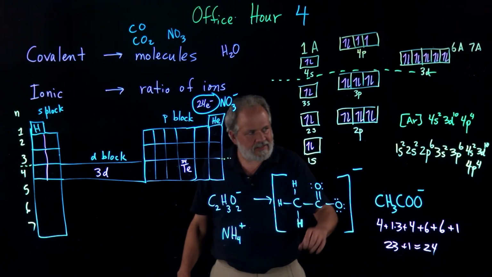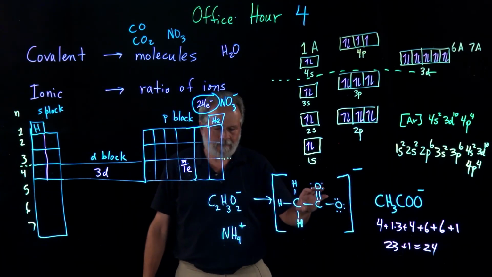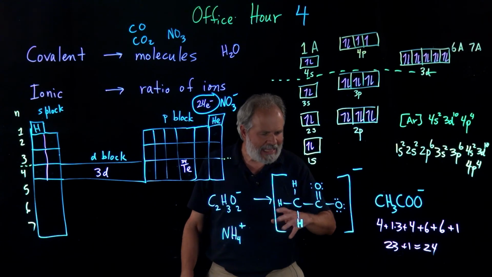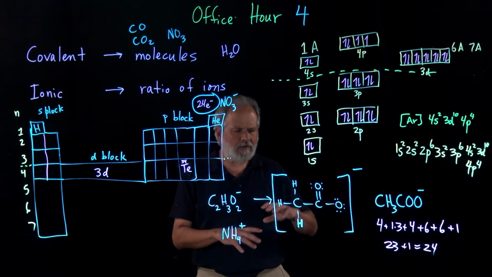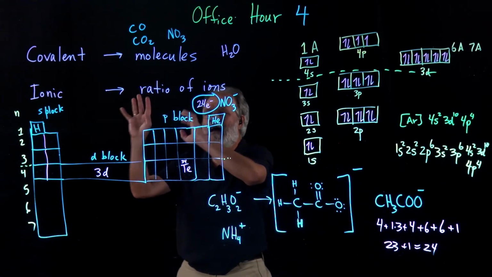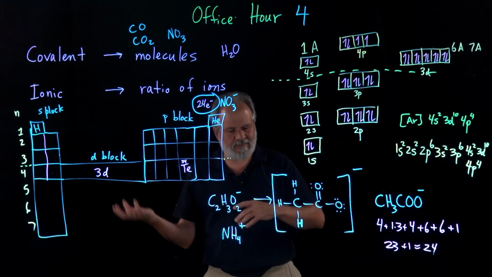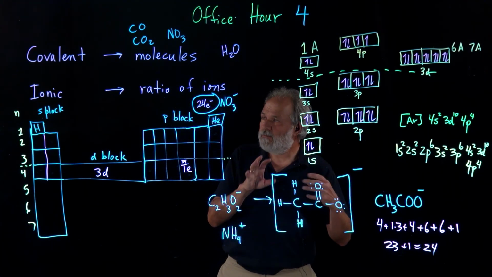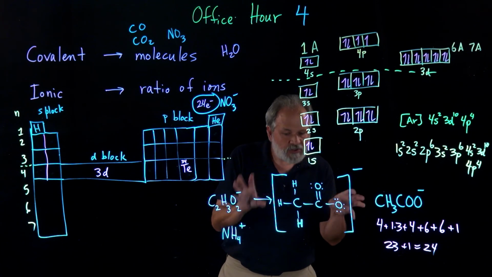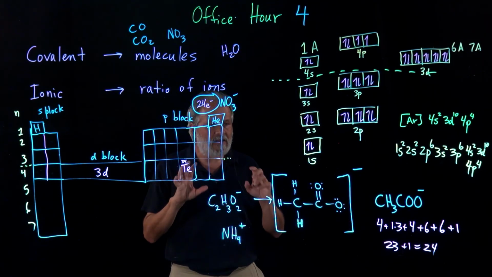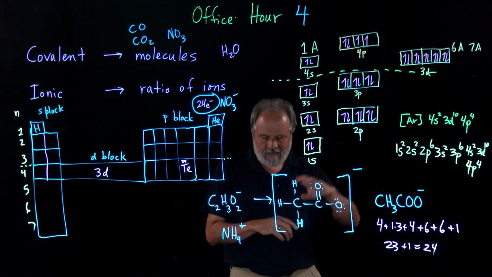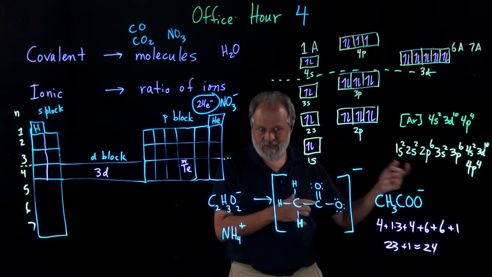I will say this electron configuration stuff is not going to hurt you as badly in the long run as not being able to do ionic compound formulas or names or molecule Lewis structures or names. Those are by far, when we get to further material, for example at the end of Chapter 6, what you have to know.